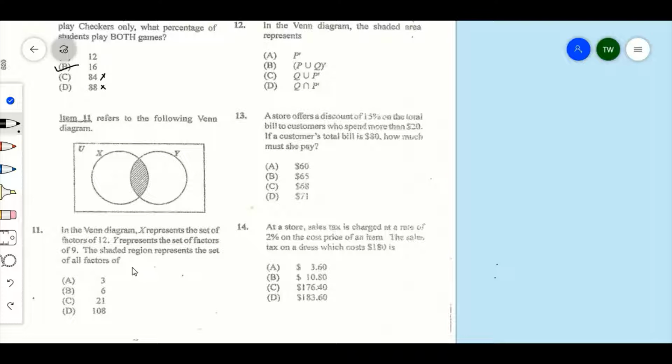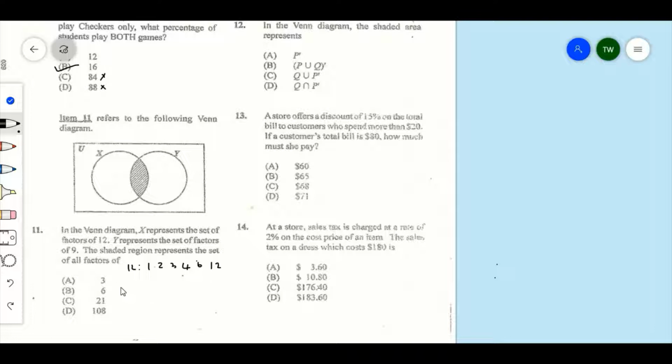Now, we know that factors, right? The largest factor of 12 is going to be 12, right? And the largest factor of 9 is going to be 9. Now we can quickly list out the factors of 12. So the factors of 12 is going to be 1, 2, 3, 4, 6, and 12, right?